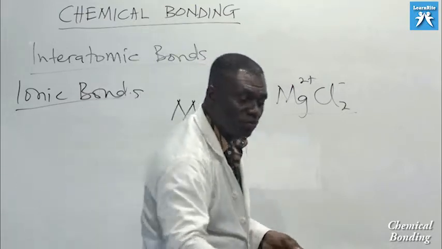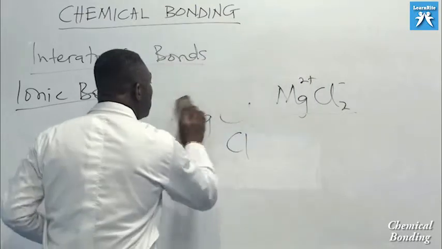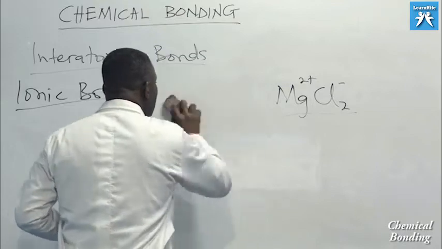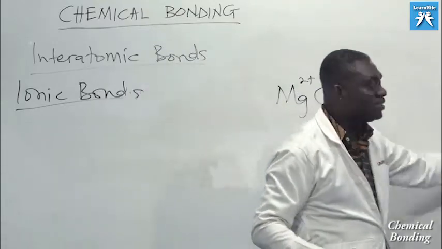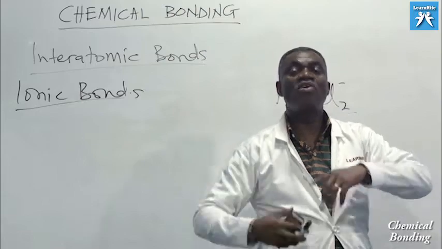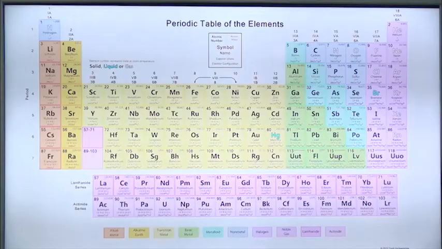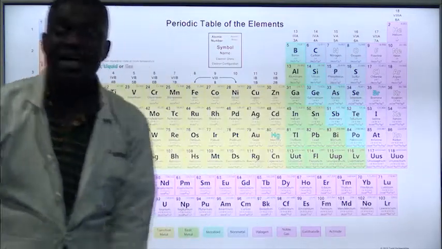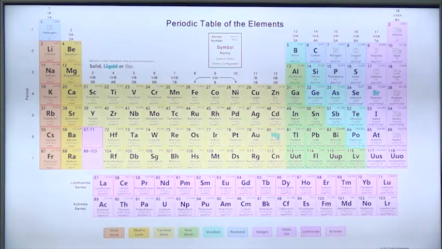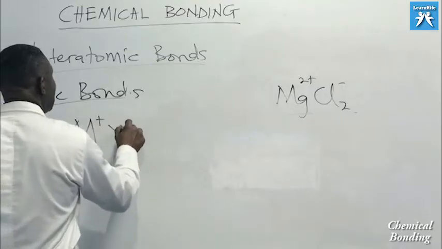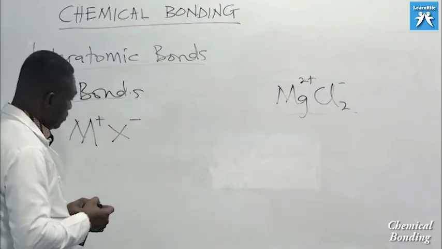So now, let me give you some general formulae. For the group 1 elements, because they have 1 electron in the outer shell, they can always lose 1 electron. When they are combining with group 7 elements, because they also need only 1 electron, the formula is M+ X-. That is my formula.